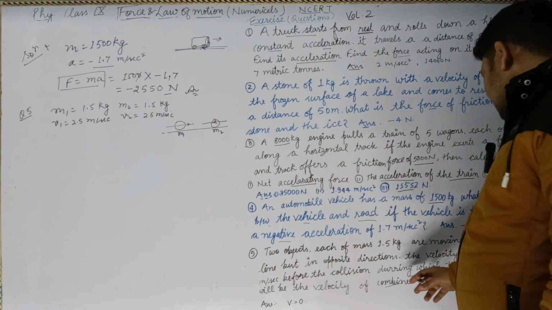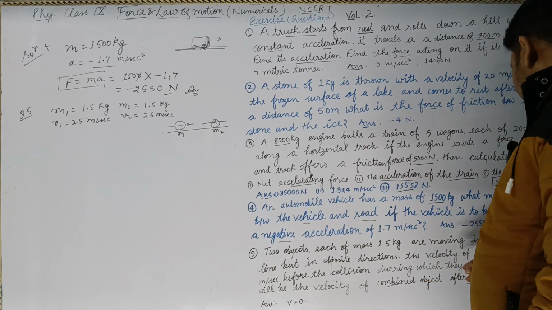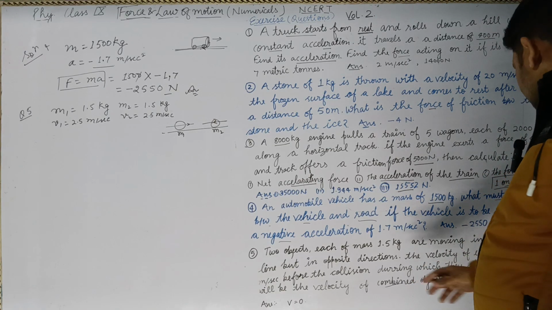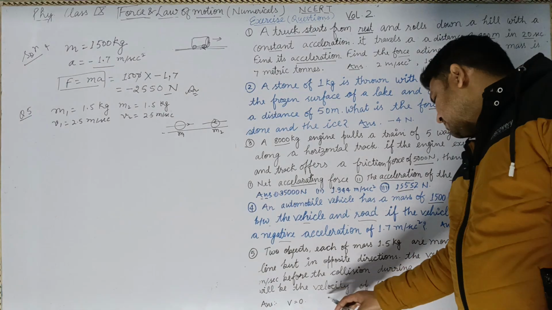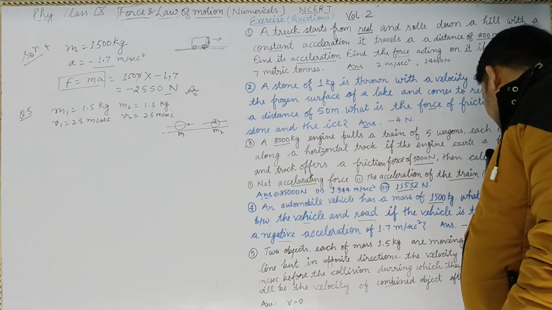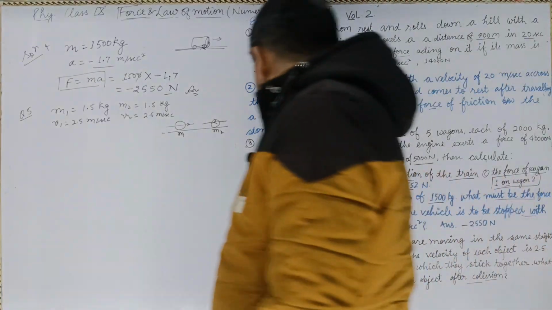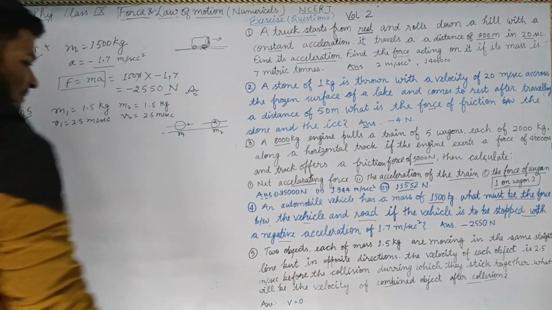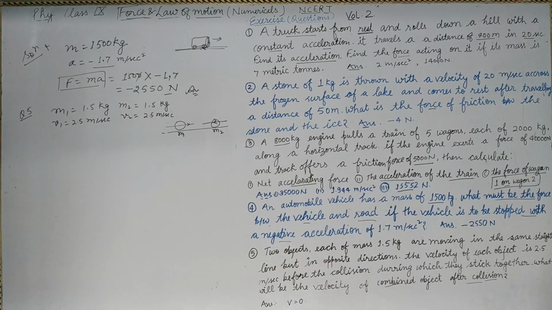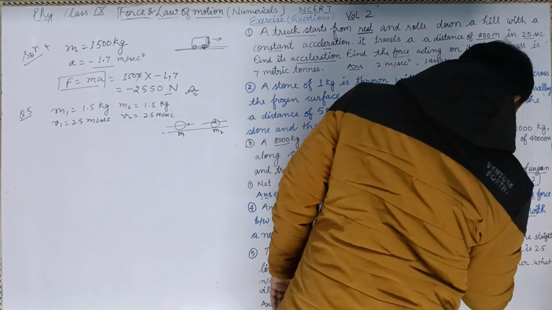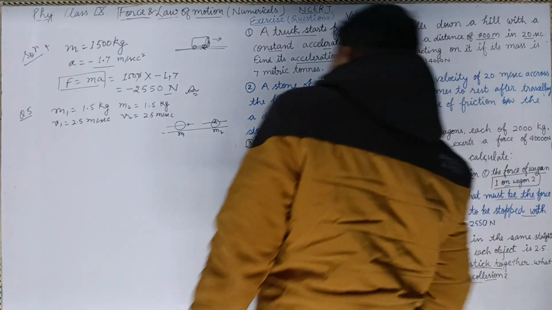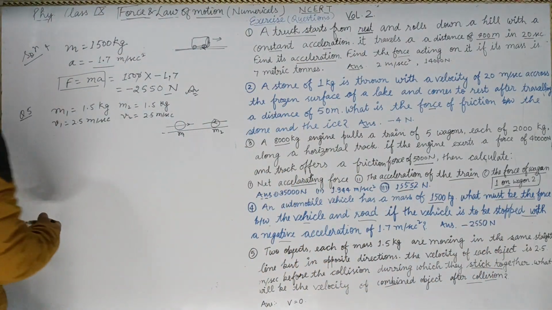The velocity of each object is known before the collision, during which they stick together. We solve this question.